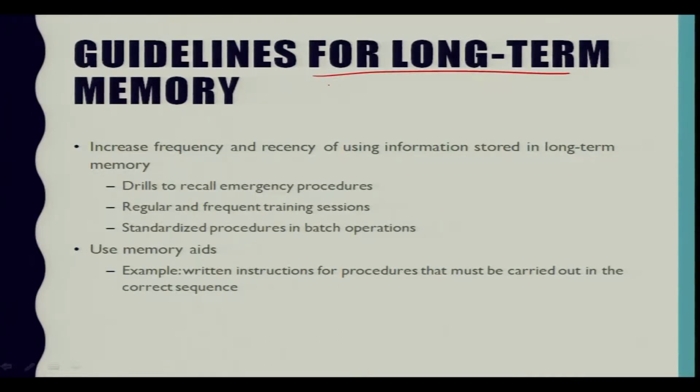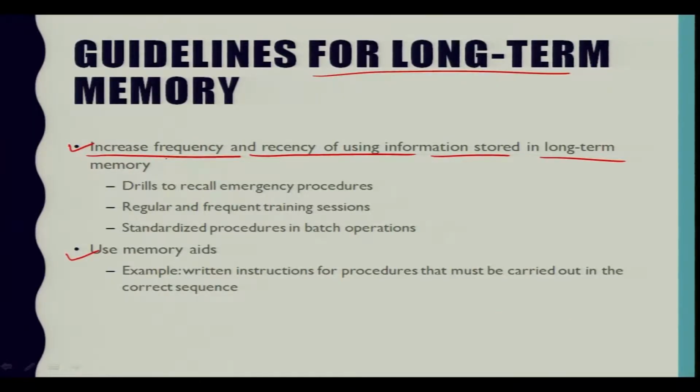The following guidelines are intended to avoid problems that might be encountered due to the limitation of long-term memory. What we can do is increase the frequency and recency of using information stored in long-term memory, and also use memory aids.